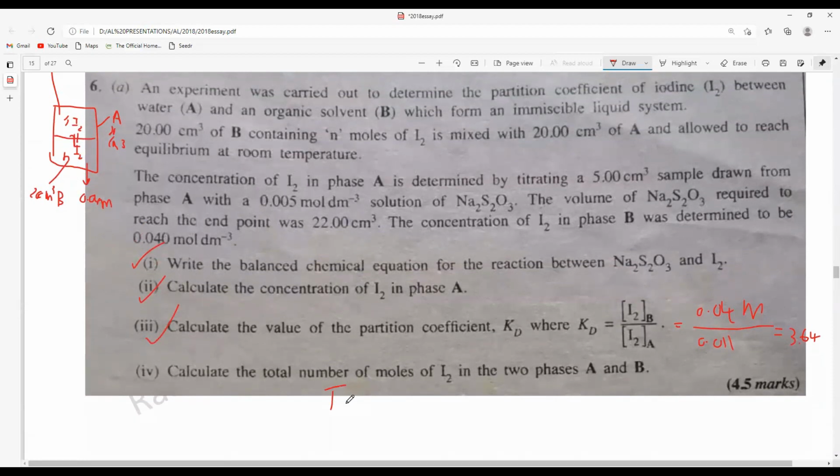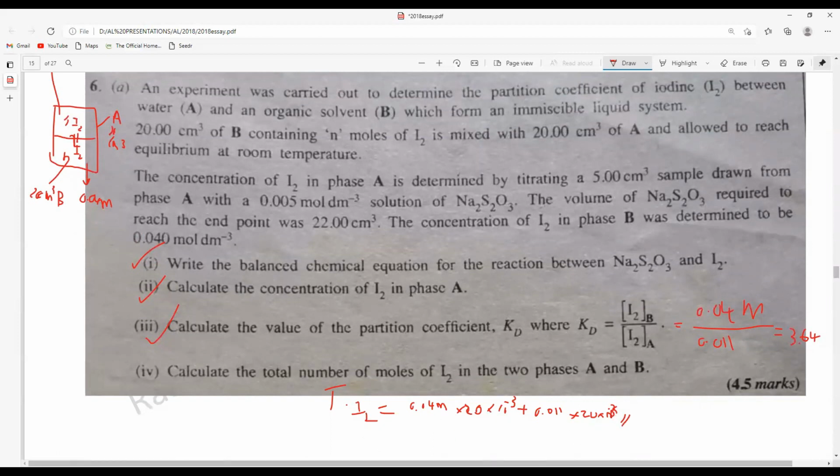So the total I2 will be: I2 in phase B, 0.04 M times the volume, 20 cubic centimeter, that is 20 times 10 to the power minus 3 moles, plus the concentration in phase A, 0.011, times again 20 times 10 to the power minus 3 moles.